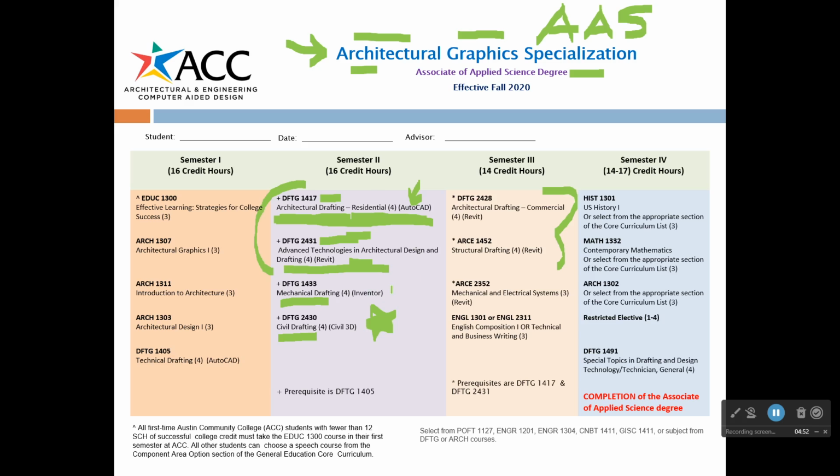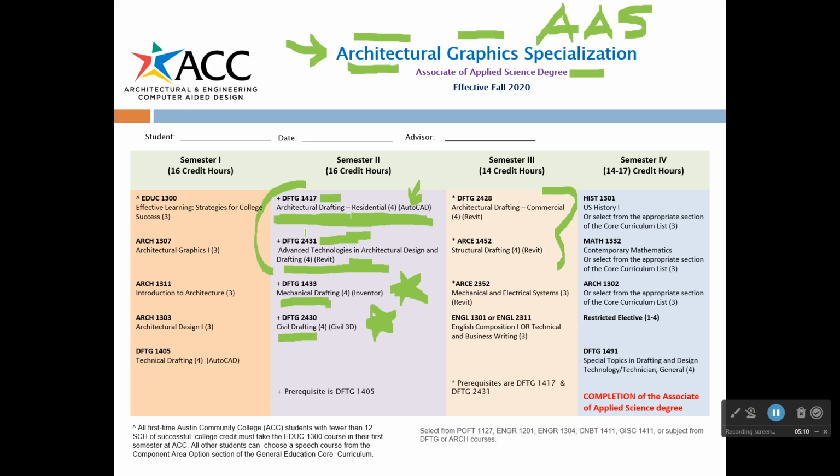The same is true for 1433, which is mechanical drafting. It's required in architecture, civil, and mechanical, and it's one of the options you can choose from if you do the electronics CAD degree.